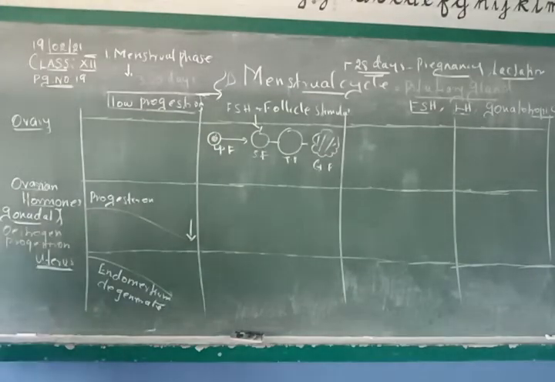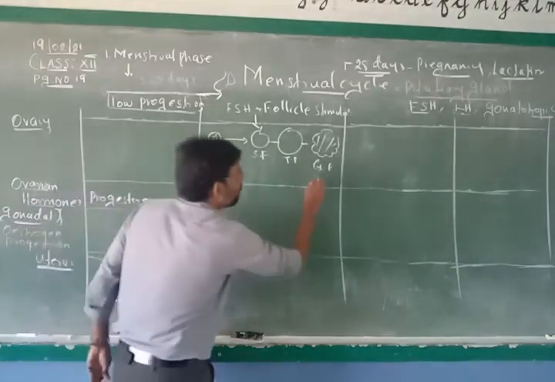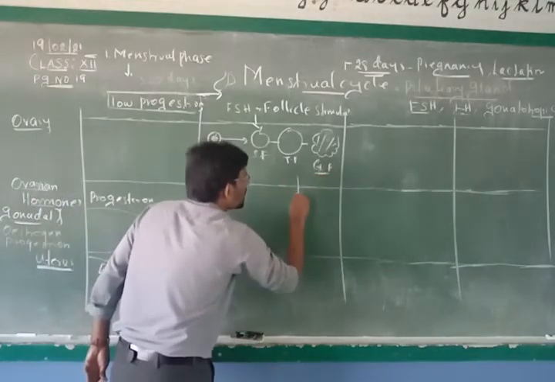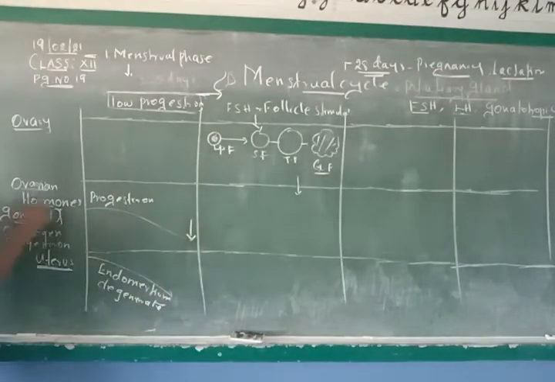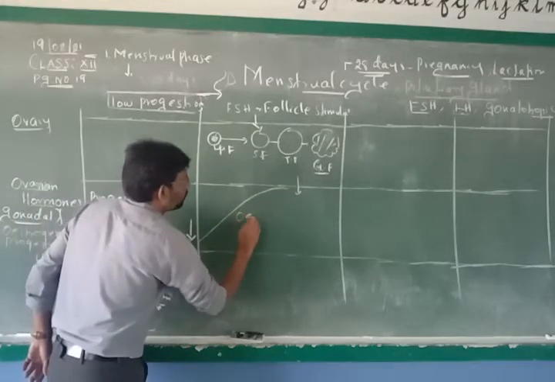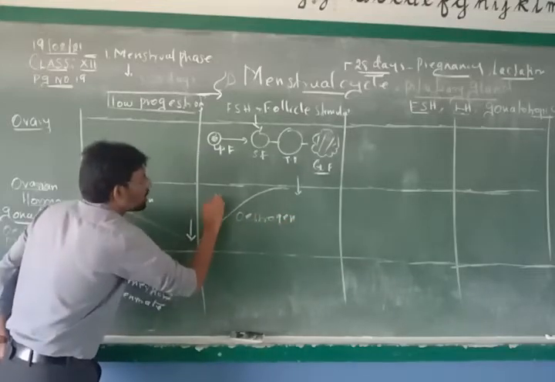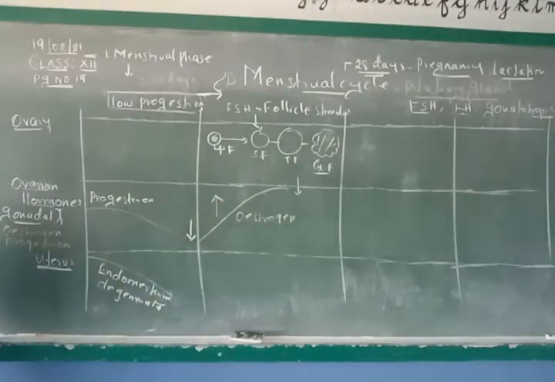Right. So now, whenever the Graafian follicle is there inside this ovary, the ovarian hormone which is produced is called estrogen. Now, the estrogen level is increased. Clear?